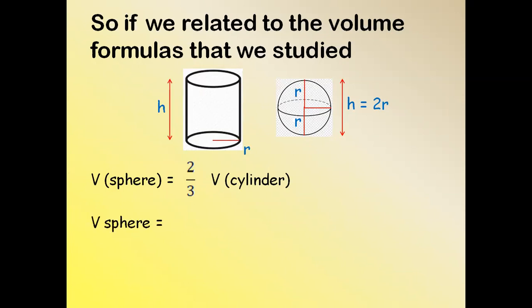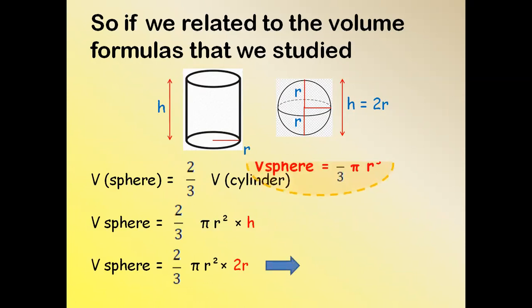So the volume of the sphere equals 2/3. The volume of the cylinder is pi r squared times h. Now I'm going to replace the h with 2r as we took it here. So the volume of the sphere equals 2/3 pi r squared times 2r.